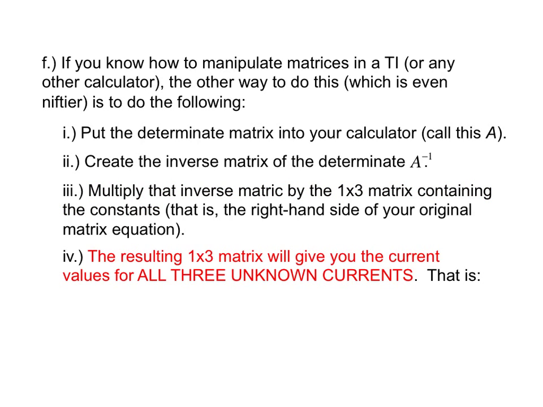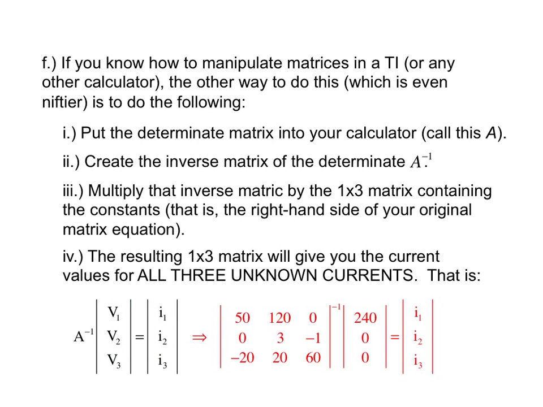And it will give you a 1 by 3 matrix that will essentially give you the solution to the unknowns, which in this case will be the 3 currents. In an algebraic sense, inverse matrix times the constants equaling the currents. For our problem, here is the matrix, here's the inverse matrix, here are the voltage constants, here are the currents.